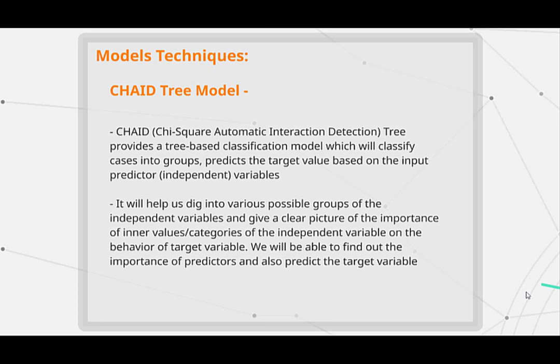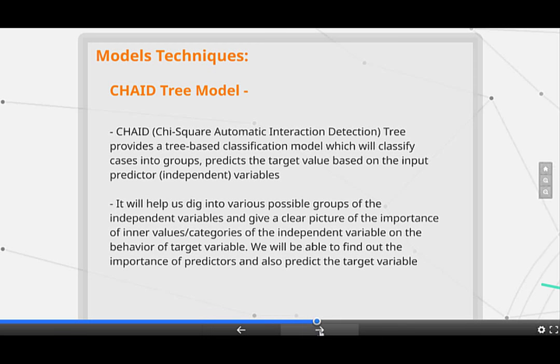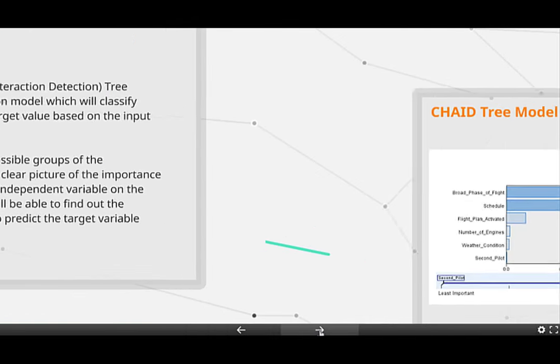We will be able to find out the importance of predictors and also predict the target variable based upon this. All the possible splits of the predictor will be examined and the more important predictors are decided with the help of this model.